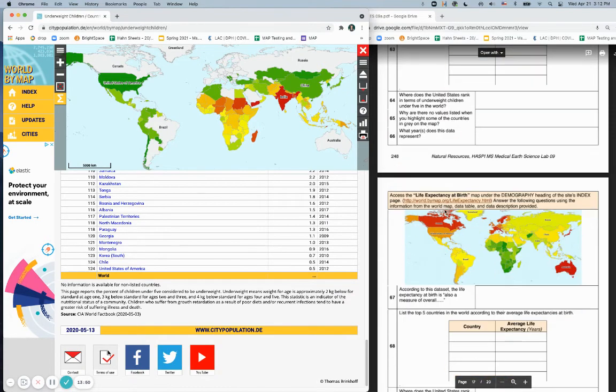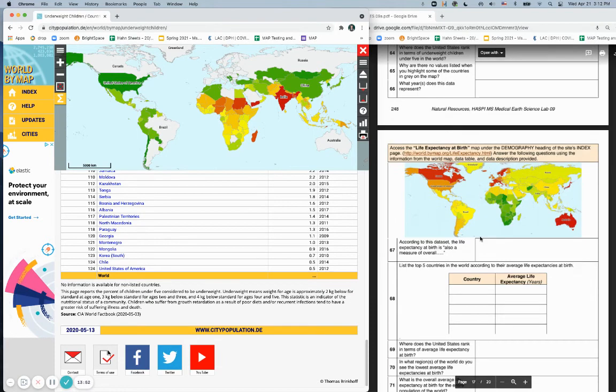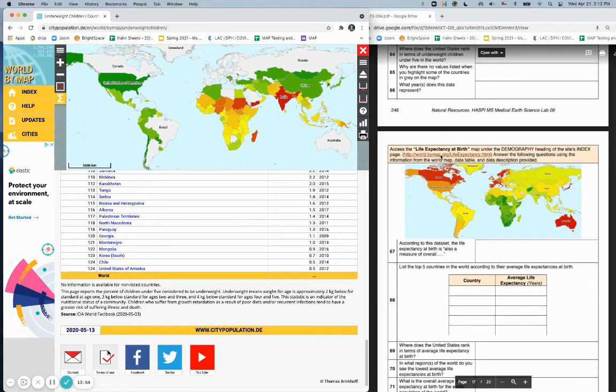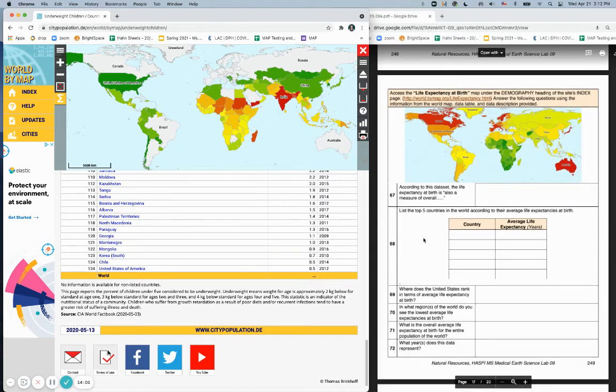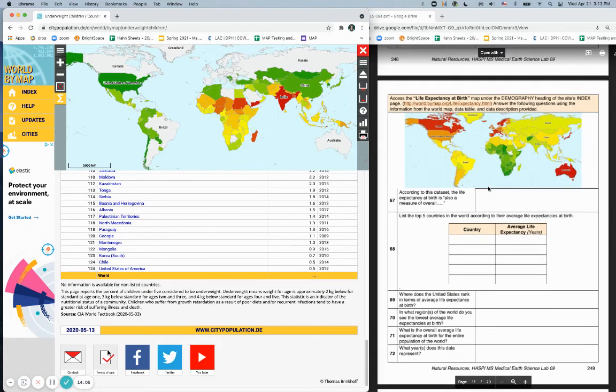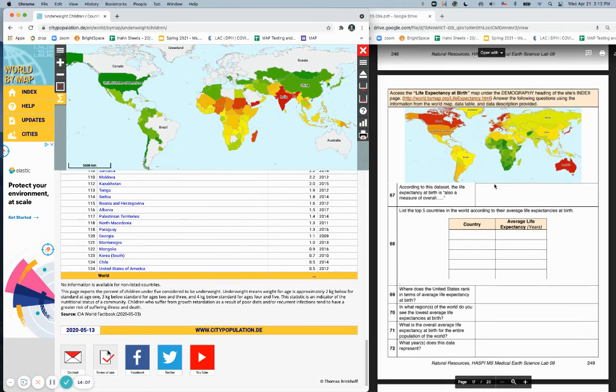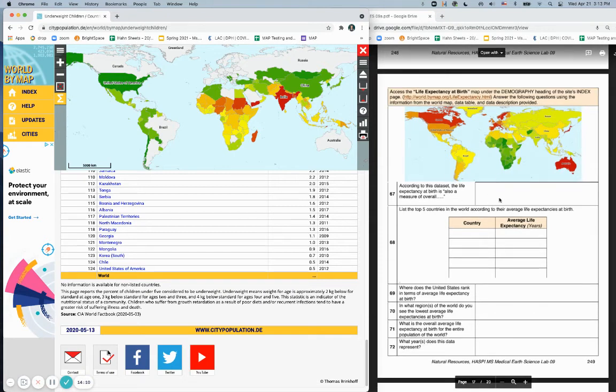And then you're going to be looking at life expectancy for each country. So how old are you expected to live to? So some countries have a very high life expectancy, an average of almost 90 years old, and some are in the 50s.